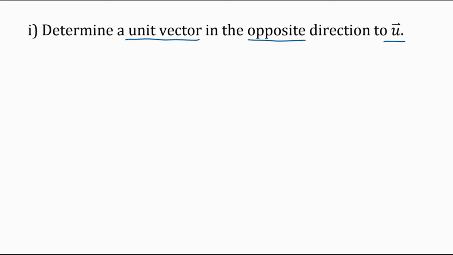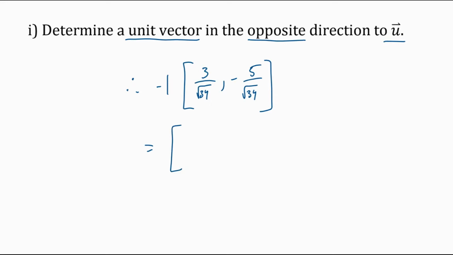So for part I can just do -1 times that vector, which is 3 over root 34 and -5 over root 34. And this will be in the opposite direction. I can multiply by any negative scalar. So this is -3 over root 34 and +5 over root 34.